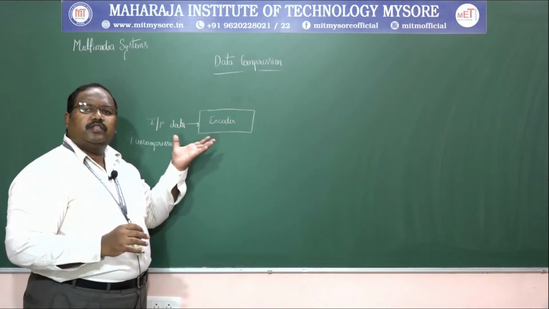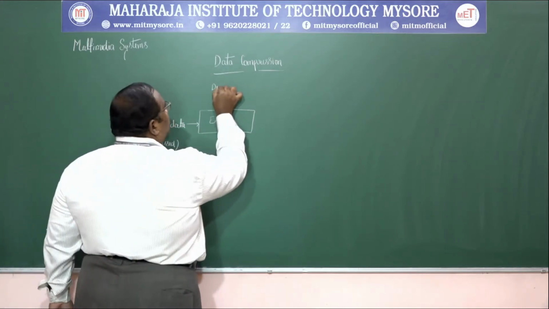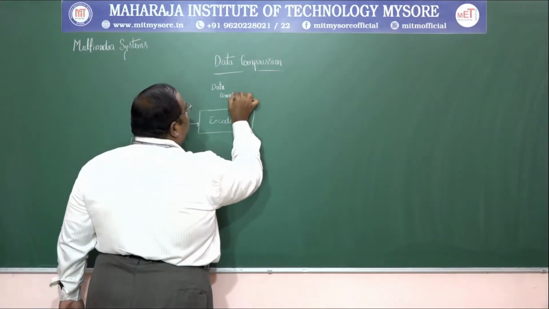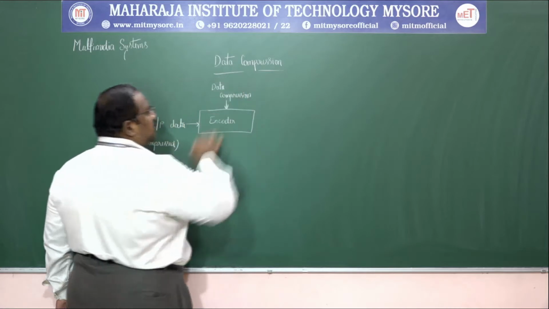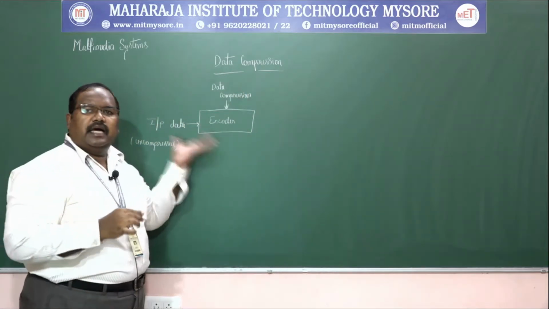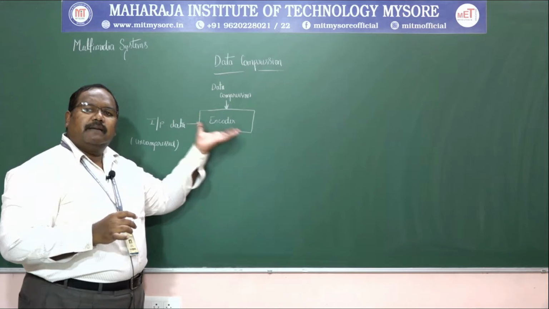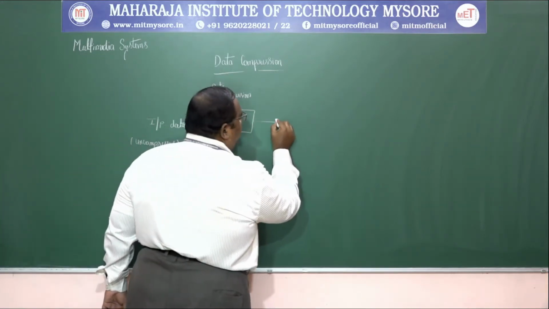Why is the encoder so important? It is the phase where the data compression is happening. It is the process of compressing the uncompressed data. So when the input is given, the encoder compresses the data and provides the output.